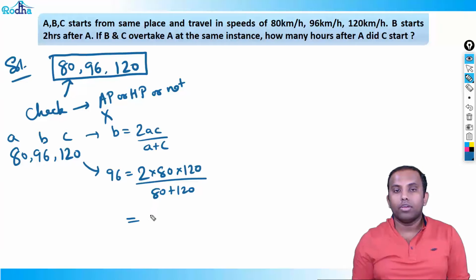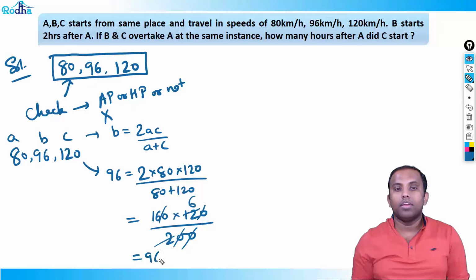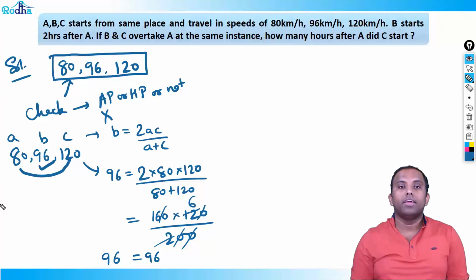Is it equal or not? So 160 into 120 by 200. Zero cancels, 16 into 6, which is 96. That means 96 equals 96, so the harmonic mean of these two numbers is 96. That means this series is in HP. My question is solved very easily now.